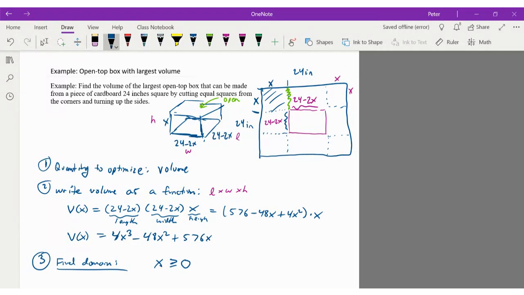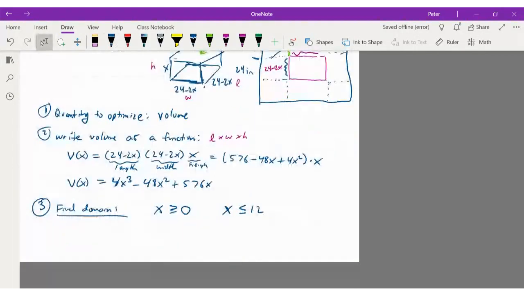So x is going to be less than or equal to 12. So the domain is 0 to 12. And once again, we have a closed and bounded interval.